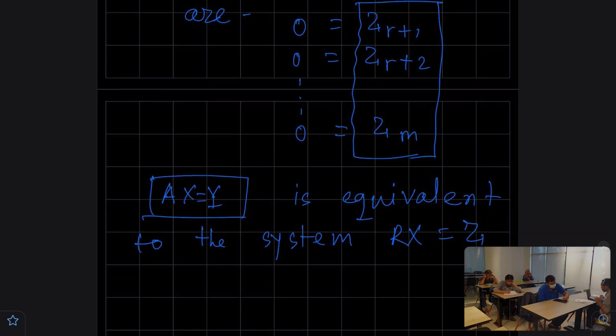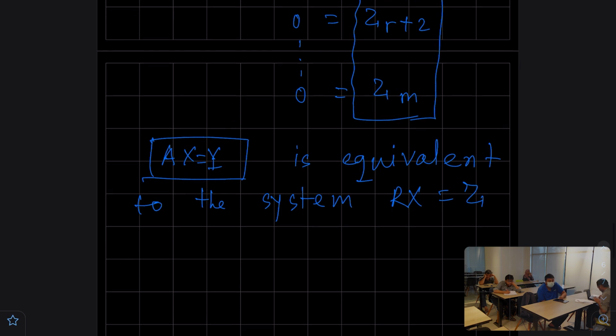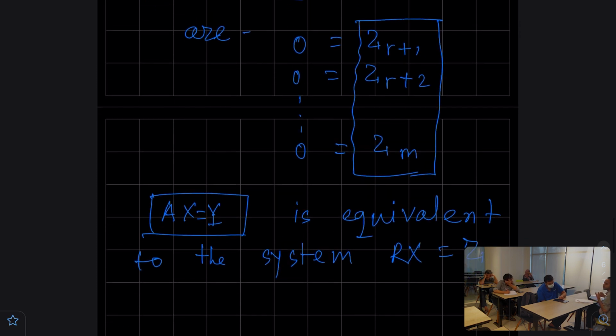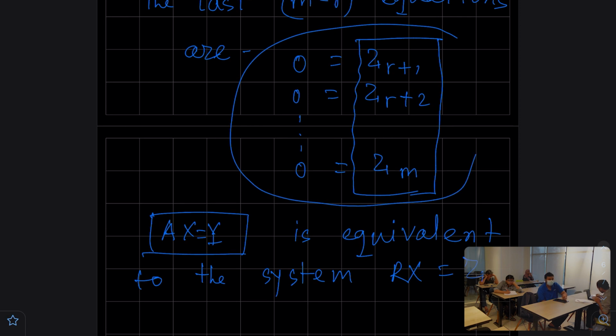That means the solutions are the same for both these two equations. So when will we say that this system has a solution? Only when these conditions are satisfied. That means all these remaining z have to be 0. So that is the condition that the system Ax equal to y will have a solution.